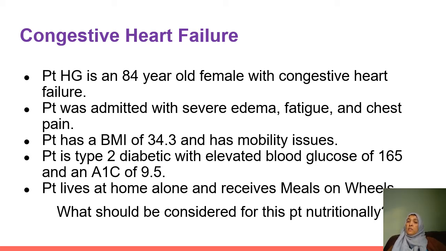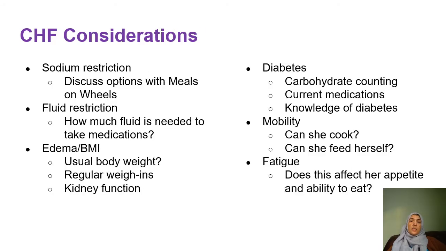So what should be considered for this patient's nutrition? This patient has congestive heart failure, so the first thing to adjust is the fluid intake and sodium intake to maintain safe fluid volumes. Congestive heart failure is the failure of the heart muscle to pump enough blood around the body. So if there is more volume, more fluid in the body, the heart has to work harder.